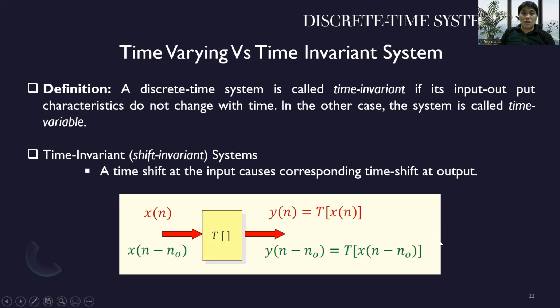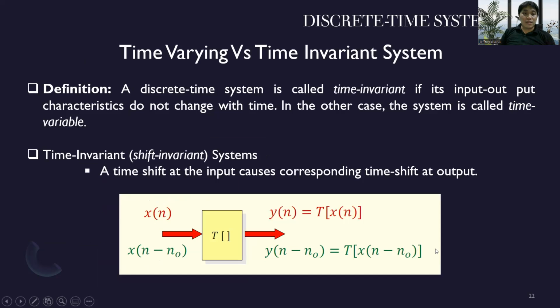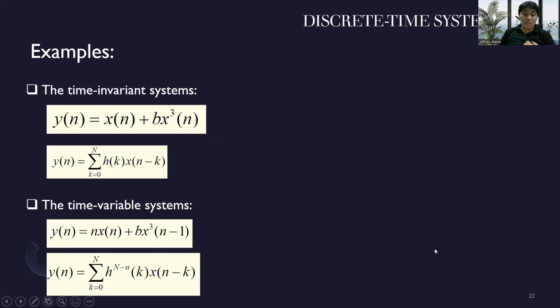For the examples of time varying versus time invariant systems, the static memoryless systems are time invariant systems, for the formula y[n] = x[n] + b x^3[n], or other formula y[n] = summation of k = 0 to the big N, h[k] x[n - k].